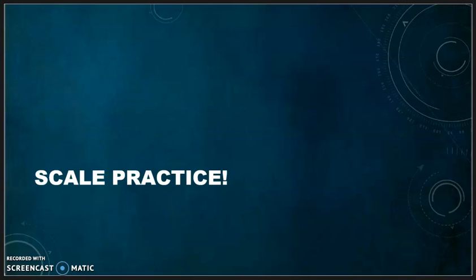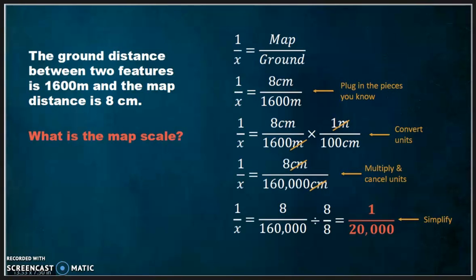Okay, so let's go over some examples. In this example, we want to figure out what the map scale is. And so again, that representative fraction here, we have map to ground, which is going to be our scale. And so we're going to plug in the pieces that we know.